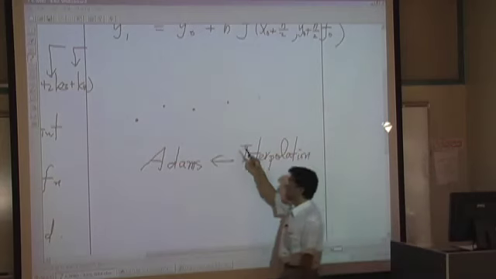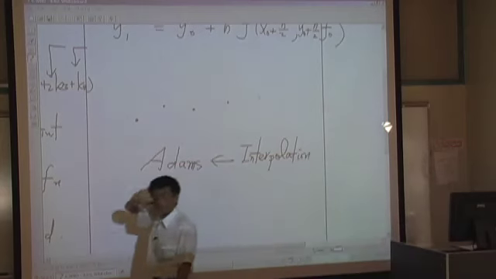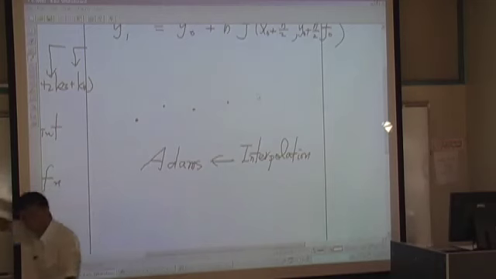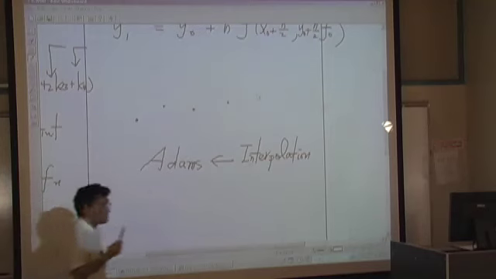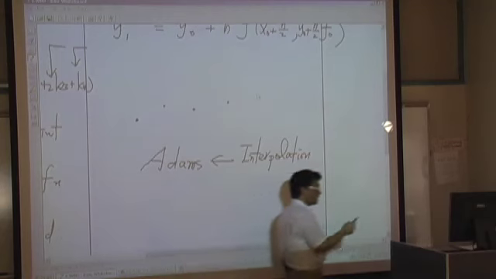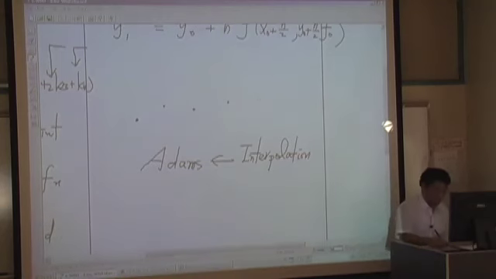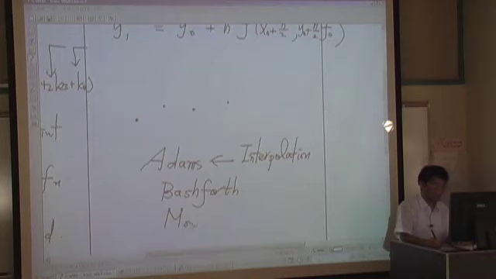So using this interpolation, he can predict the solution behavior, right? So Adams developed this kind of idea, and two people were involved: Bashforth and Moulton.